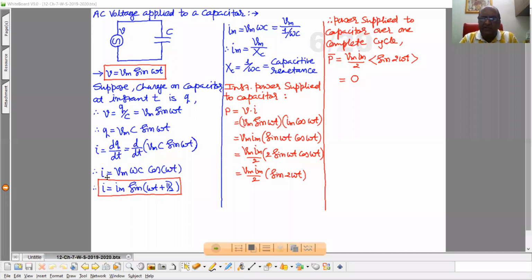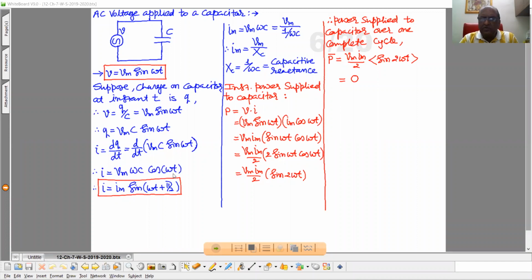So resultantly our equation of current is Vm omega C cos omega t. This Vm into omega C is the maximum current, because when cosine is 1, you will get this maximum value of the current. So I equal to Im.